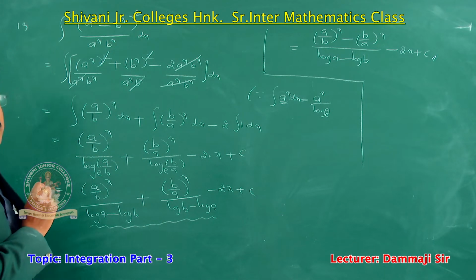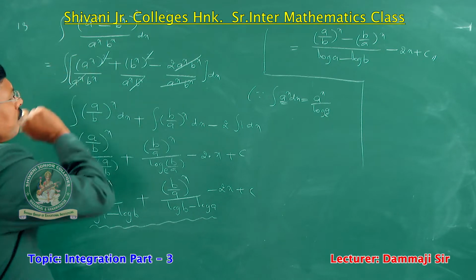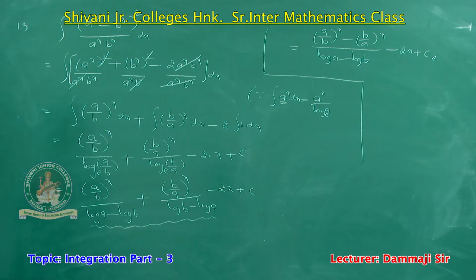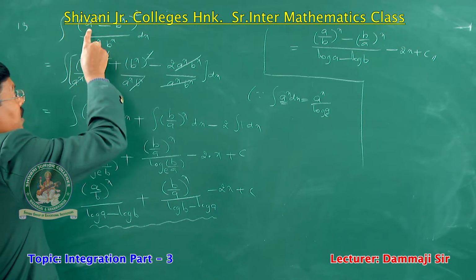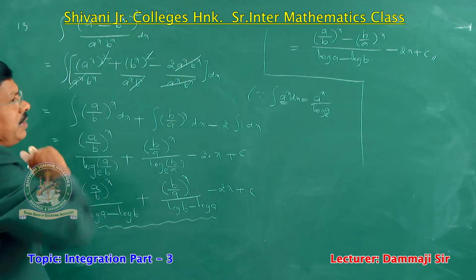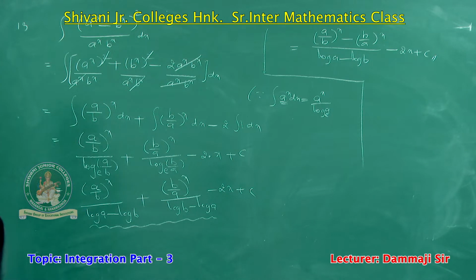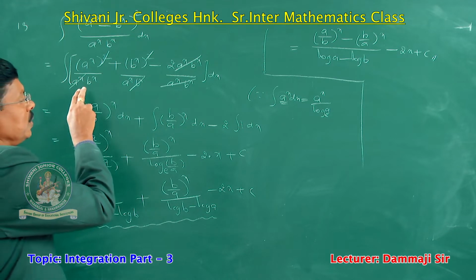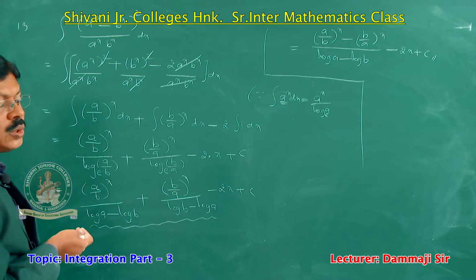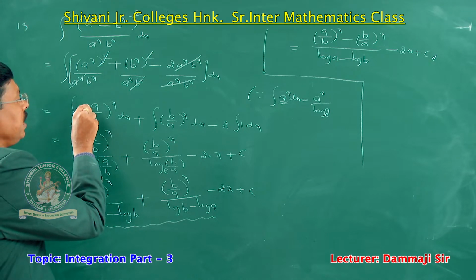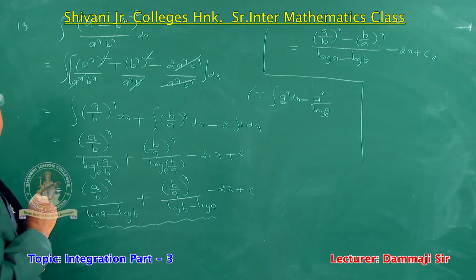First, observe the process. The given terms are exponential, and they have the algebraic formation of a minus b whole square. Apply the expansion, then split, then cancel by the common factor, then prepare a single term.